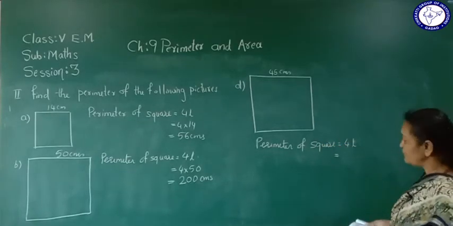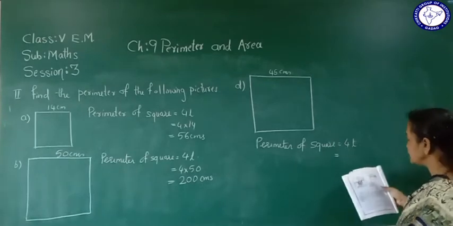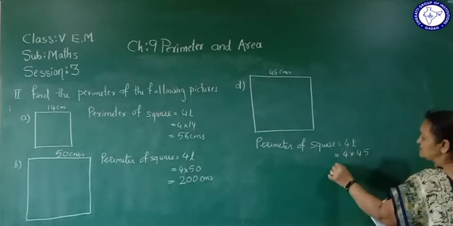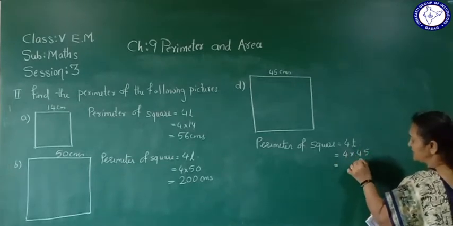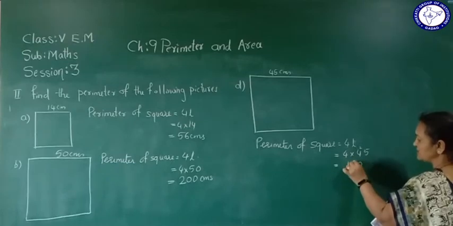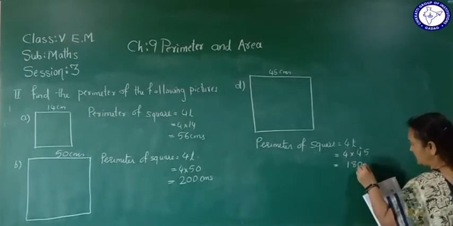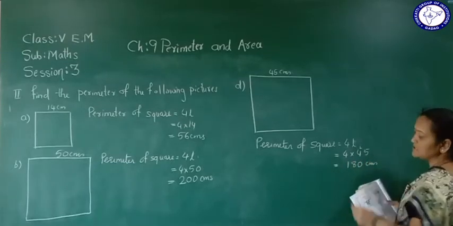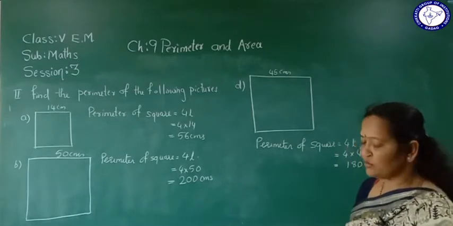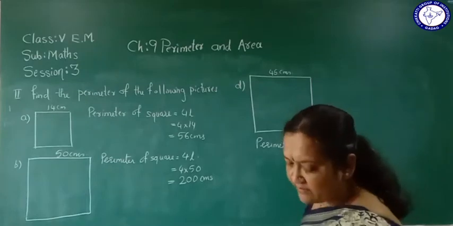You can write 4 into side or 4L. L is the side here. So this is 4 into 45. So here 4 5s are 20, carry 2, 4 4s are 16, 16 plus 2 is 18, 180 centimeters. So here three perimeters I did for you, the remaining 2 you have to try.